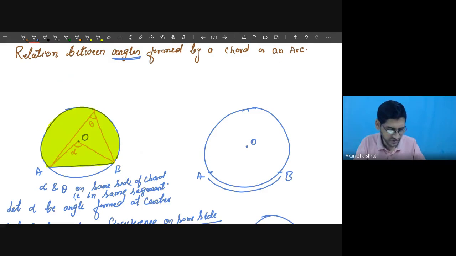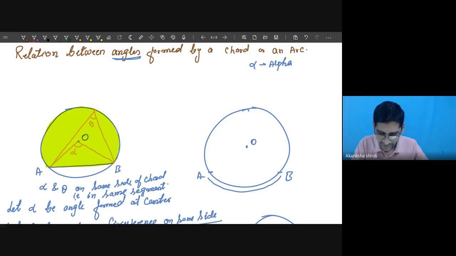Students, write down the symbols that we will mostly use. It is called alpha, like the alphabet A, it is the first alphabet of Greek. Alpha, beta, gamma, zeta, kappa, iota. Like ABCD, there is in other languages too. Like in Hindi, it is ka, kha, ga, gha. So similarly, these are the alphabets of Greek.